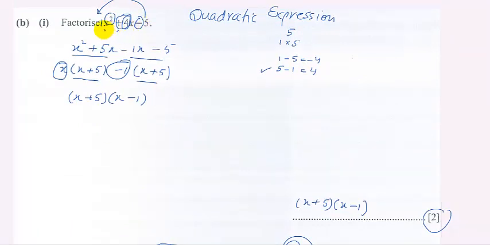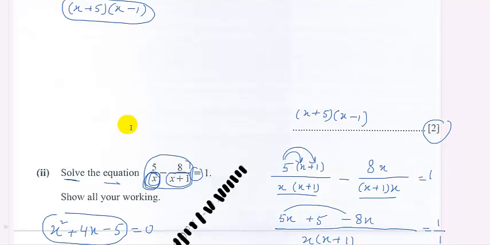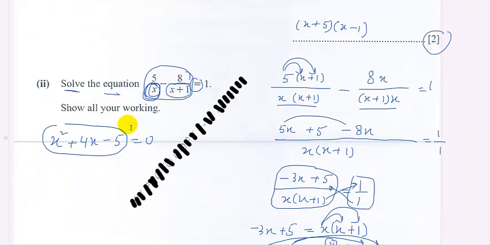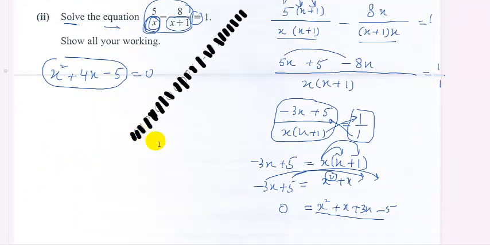It is exactly the same: x square plus 4x minus 5, and the factors of this were x plus 5 and x minus 1. So I will use the factorization method here. Okay students, be careful. Don't do extra steps.